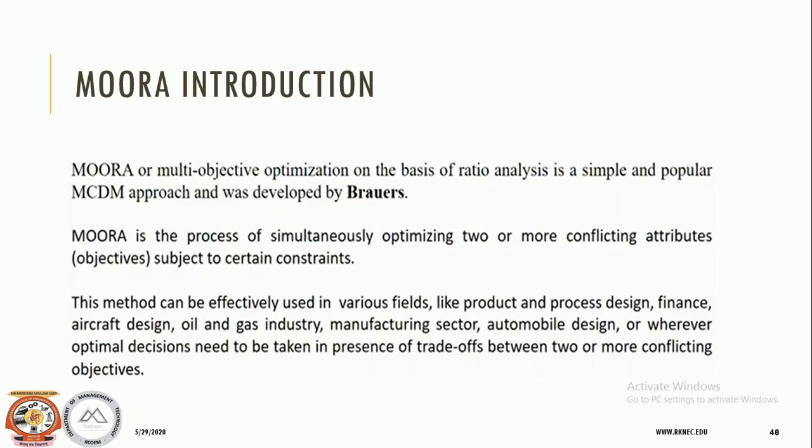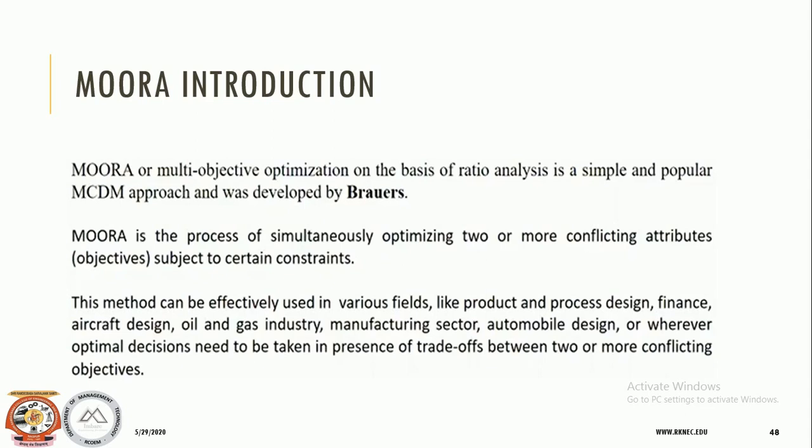The second major difference in the MOORA method is that there are no different normalization methods for the cost criteria and the benefit criteria. Both have the same normalization method. I repeat: in WSM, WPM, and WASPAS we had different normalization methods for cost and benefit criteria. For the cost criteria, we divided the minimum value by each value in the decision matrix.